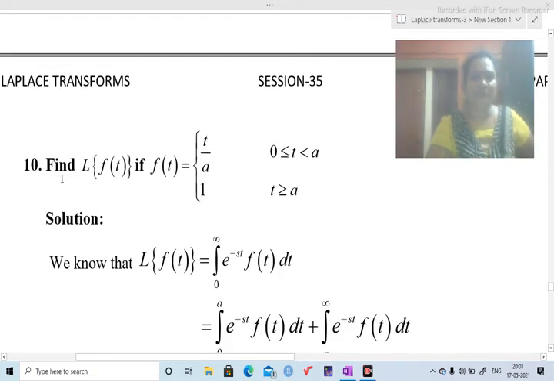So observe here, find L of f of t if f of t equals t by a, 0 less than or equal to t less than a, and f of t equals 1 if t is greater than or equal to a. Here also we are going to use the definition of the Laplace transform to find L of f of t.